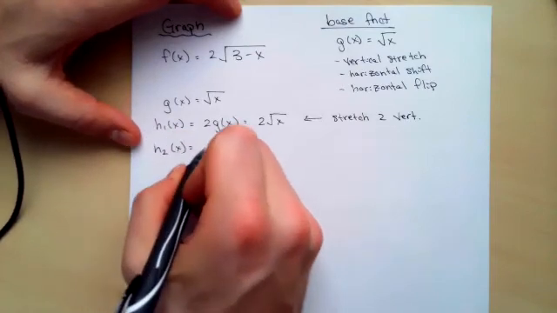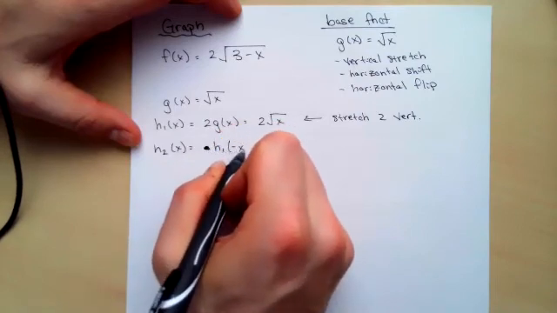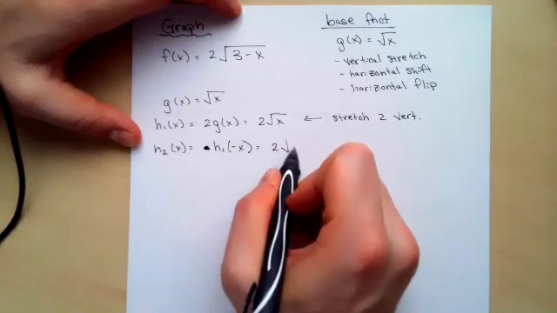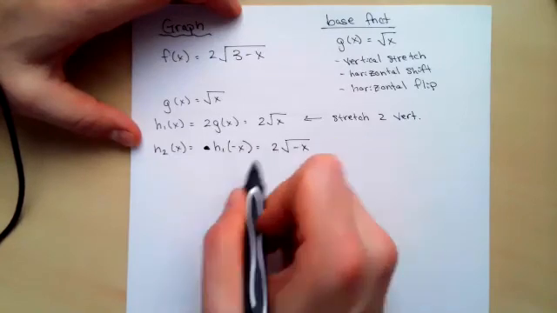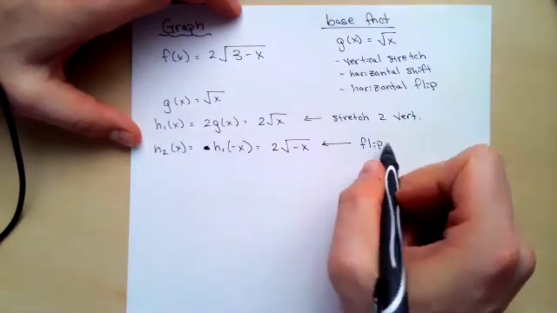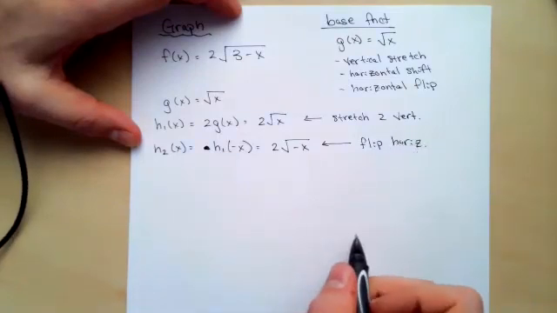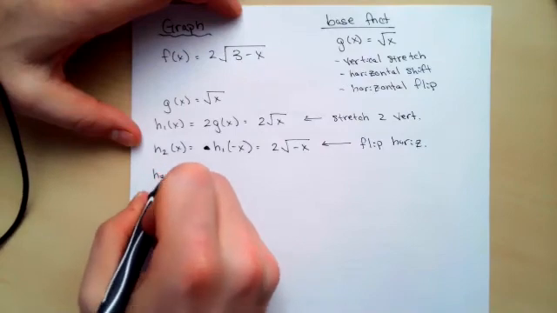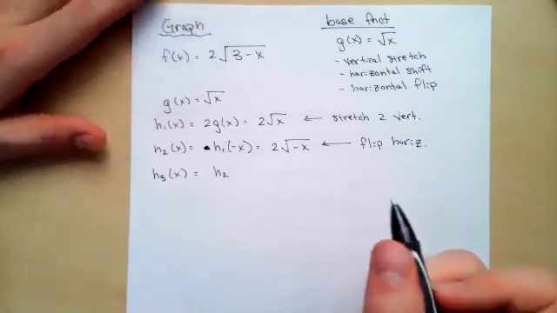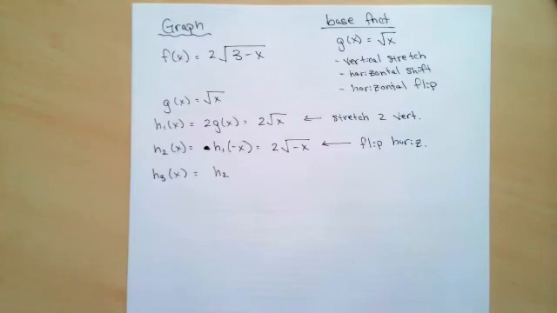So in my next step, we want h1 of negative x. What's this going to be? This is going to be 2 times the square root of minus x. This is a flip horizontally for step 2. And then our step 3, what do I have to do from the previous step to finish off and get to where we want?